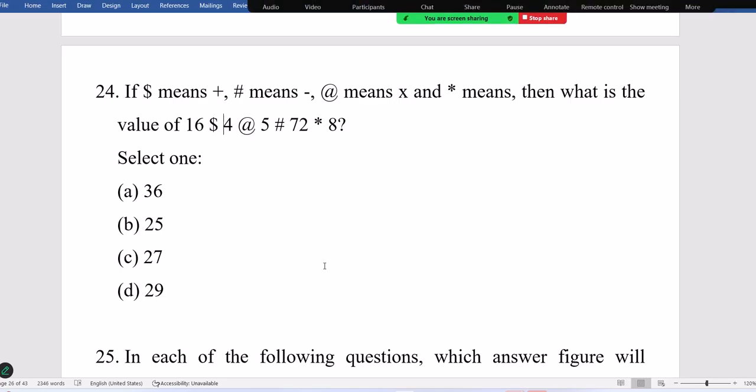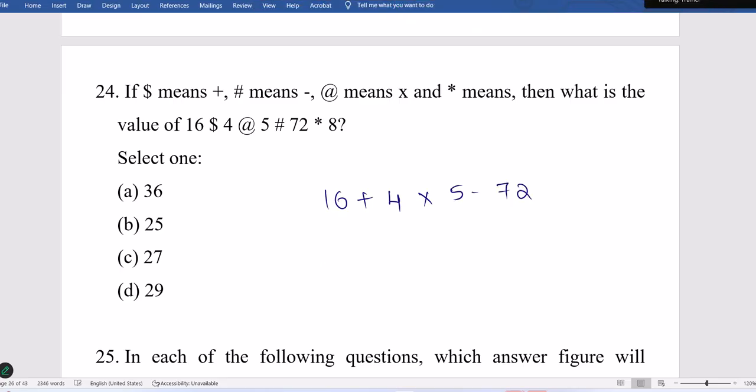So this, so change that. Addition, multiplication, subtraction. This is division here it says.